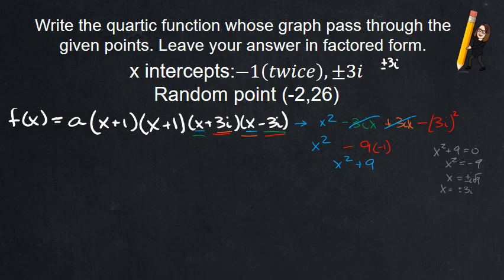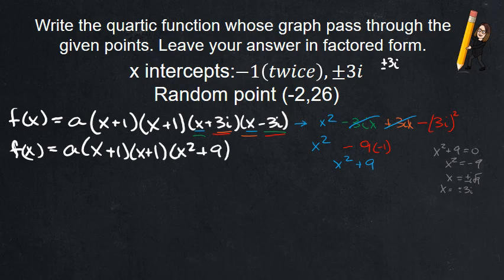So some of you might be able to start to backtrack, and knowing the patterns, you just know what those factors are. So let's simplify what I have here now. This is going to be f of x equals a times (x plus 1)(x plus 1), and now this has become x squared plus 9. Much easier to deal with.